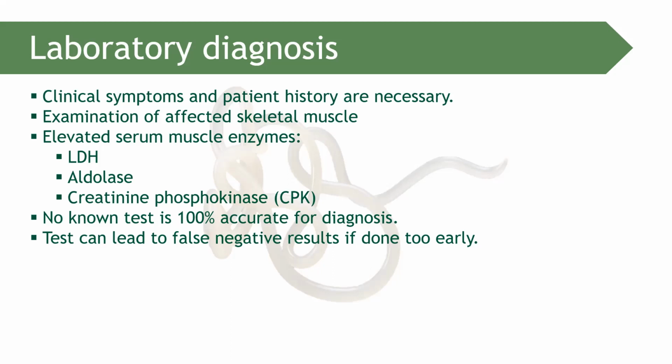Examination of the skeletal muscle is also possible. And then in a patient with Trichinella spiralis infection or trichinosis, the patient will have elevated LDH, aldolase, and creatine phosphokinase, CPK.